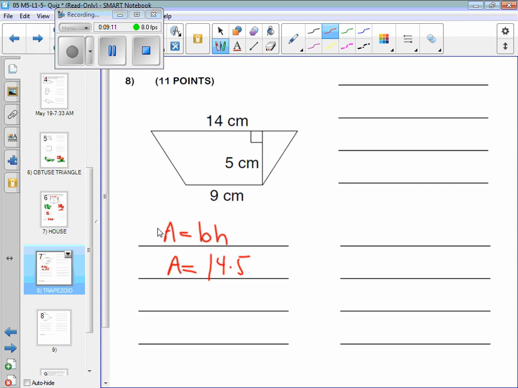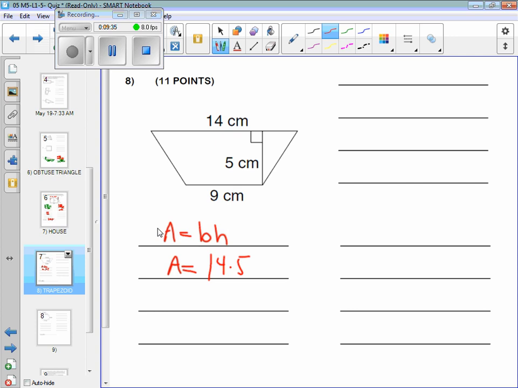You have to understand, guys, this is the most important thing I'm going to tell you today. Base times height is only going to work for squares and rectangles. Does not work for trapezoids. You have to break trapezoids up into at least 2 shapes. If you only did this, you wind up losing a lot of points.